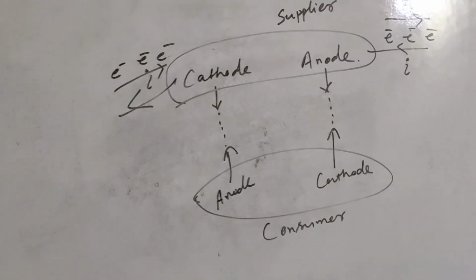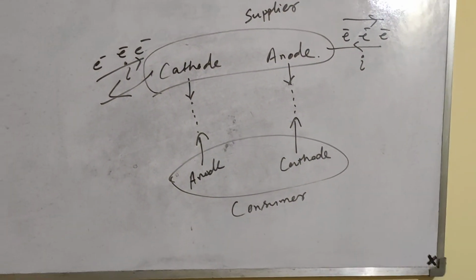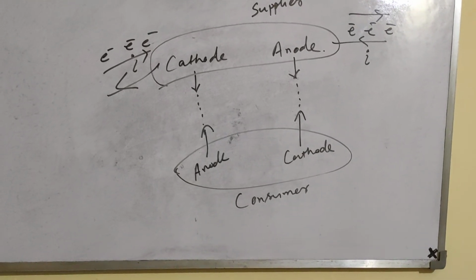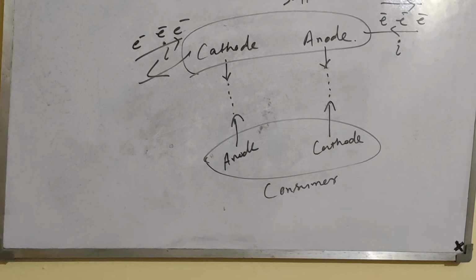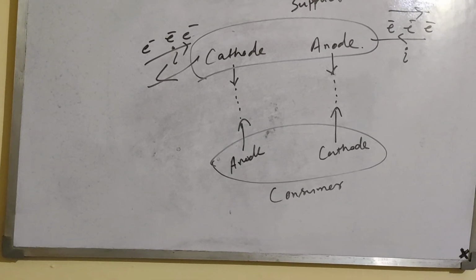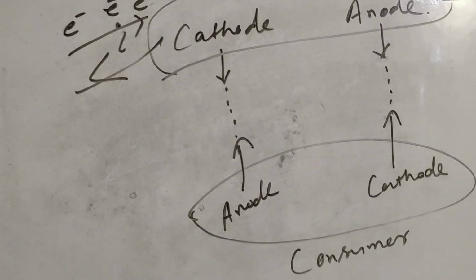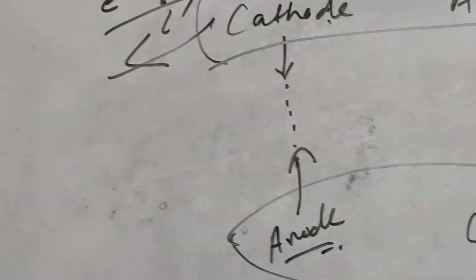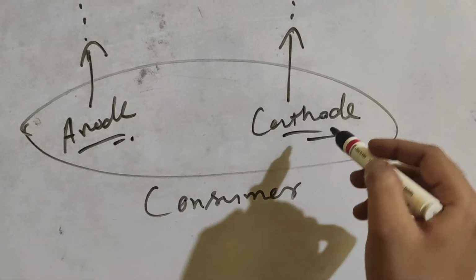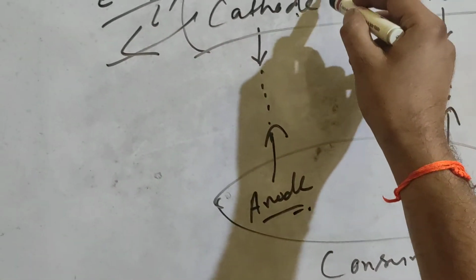When you couple that supplier with any consuming part of the circuit, you will need two terminals, one for the cathode and one for the anode. The consuming terminal would be anode if it is coupled with a cathode, and the consuming terminal is cathode if it is coupled with an anode.